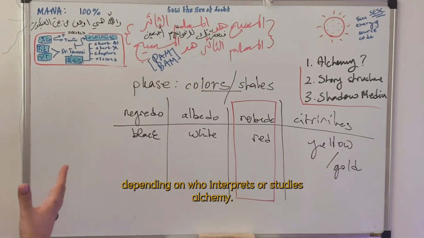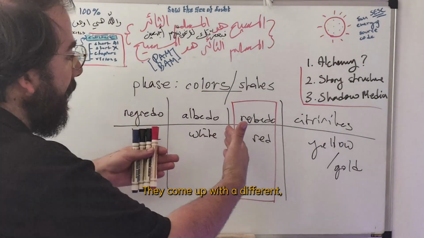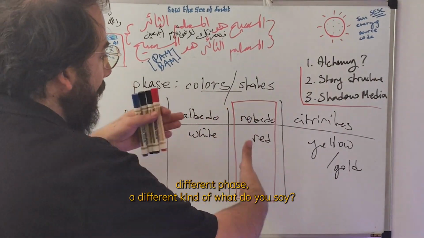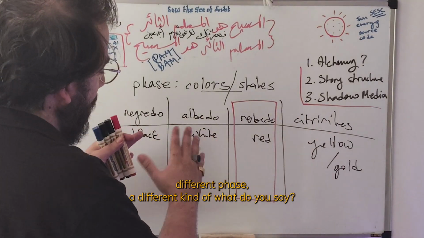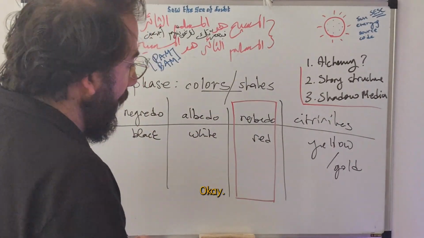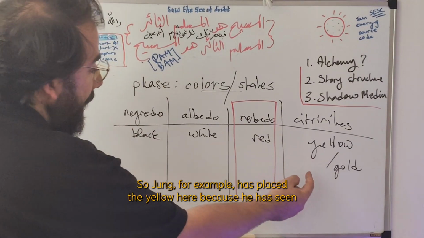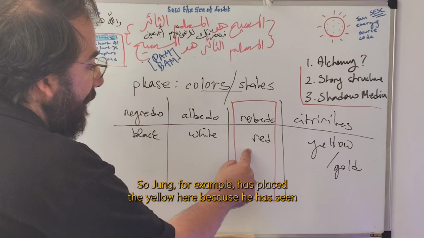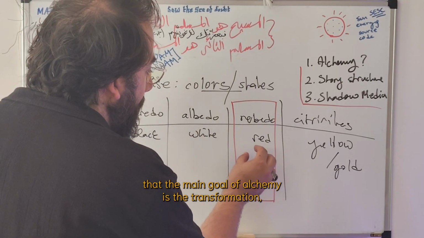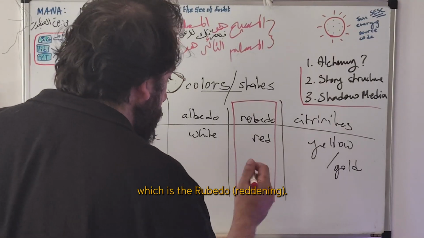Depending on who interprets or studies alchemy, they come up with a different arrangement of these four colors. Jung, for example, has placed the yellow here because he saw that the main goal of alchemy is the transformation, which is the rubedo.